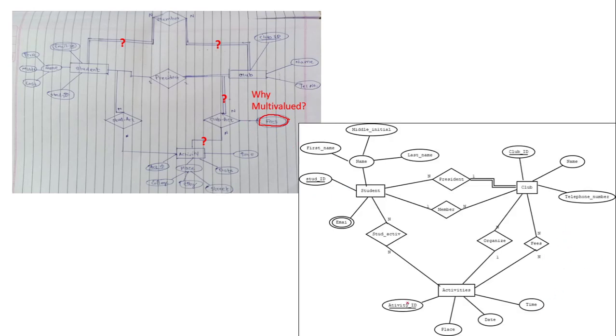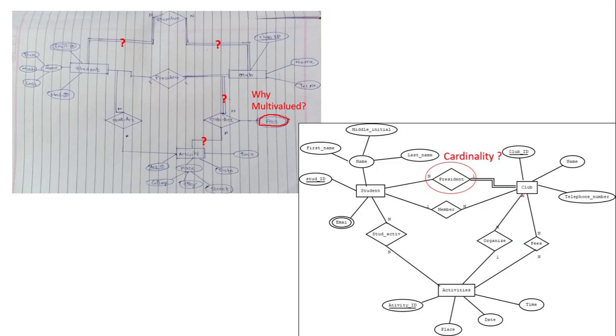Now one more solution that I have selected to discuss. In this solution, once again the problem is with the cardinality. One student is the president of one club, so it is one, correct, but one club also has one president only, so this n need not be there, this should be a one-to-one relationship.